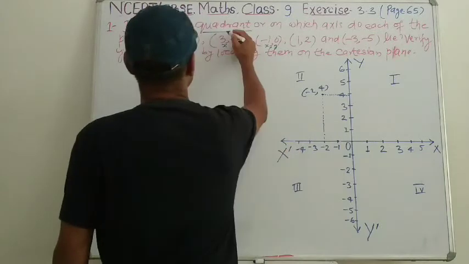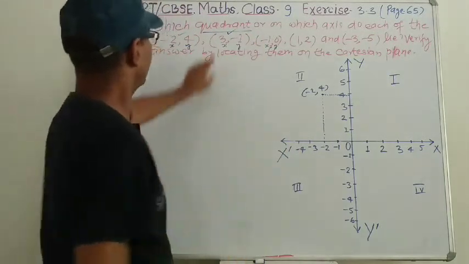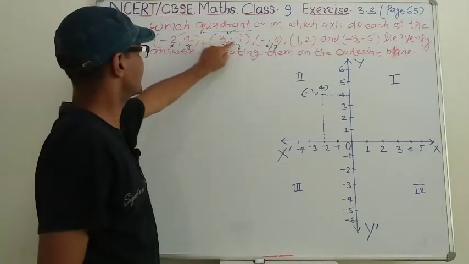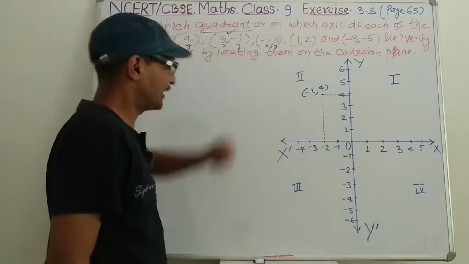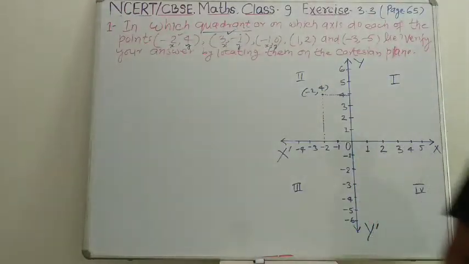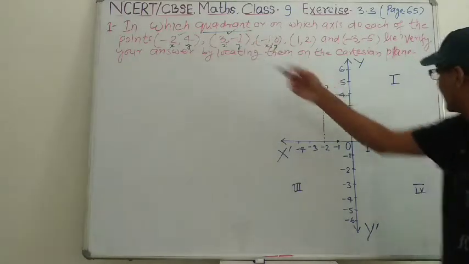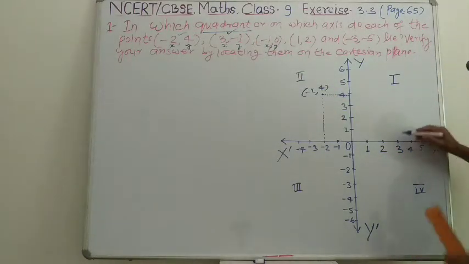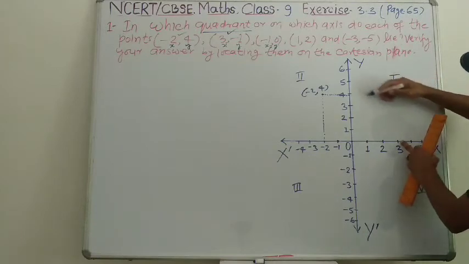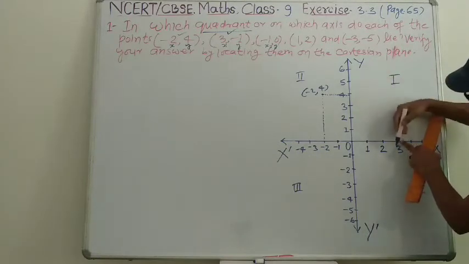Now look at this: 3, minus 1. On the x axis check 3, on the y axis minus 1. Where is 3 on the x axis? Plus 3, the sign is plus. And y is minus 1: if you go above, you get positive values; if it comes down, you get negative values.